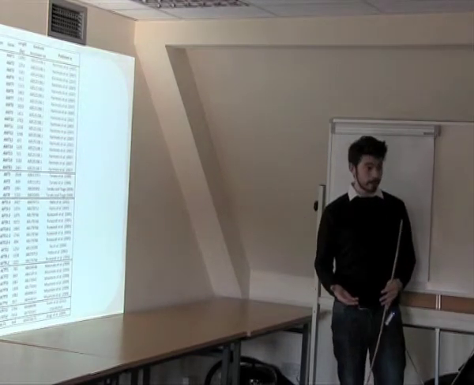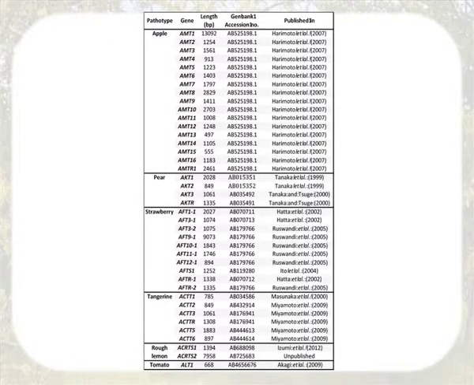Okay, so I showed previously that we had that BAC clone which showed the presence of the 17 apple toxin genes within it. So those were all 17 characterized apple toxin genes currently known. And within the pear, strawberry, tangerine, rough lemon, and tomato pathotypes, some of the toxin genes associated with the specific toxins produced by these pathotypes have also been characterized.